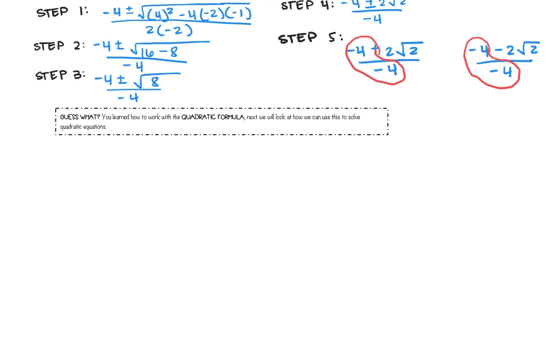So for step 6, that dividing by 2a, you're dividing negative 4 by negative 4 in both scenarios. So that would leave you with a positive 2 radical 2, and then a negative 2 radical 2 for your final answers.